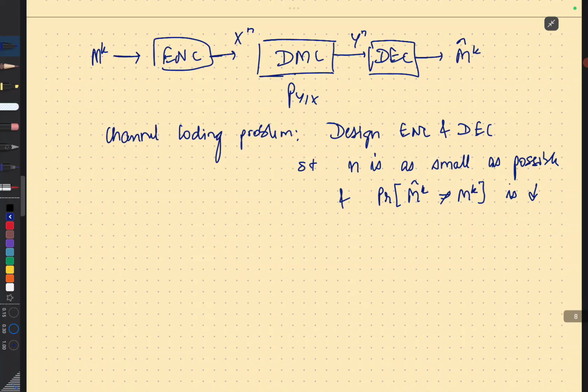In this case, the rate we'll define as k over n. So for a given k, you want n to be as small as possible, or conversely, for a given n, you want to transmit as many information bits as possible. So you want k by n to be as large as possible. In the channel coding problem, you want this rate to be as large as possible.